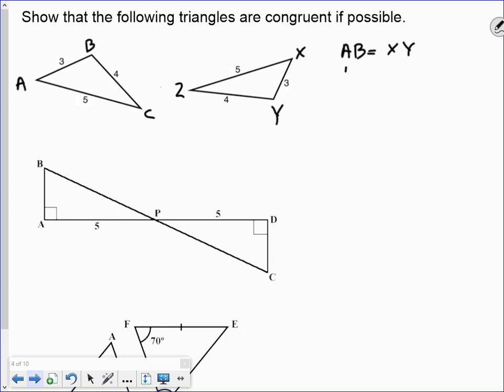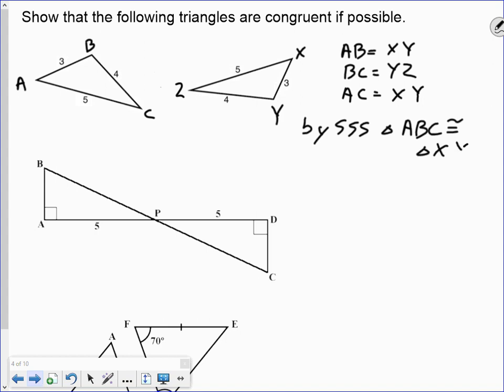We can see that side BC is equal to YZ, and our third side is the same as well. So AC is equal to XZ. So our triangles are going to be congruent by the side side side property. Triangle ABC is congruent to triangle XYZ.